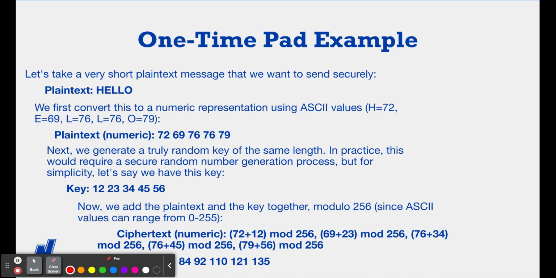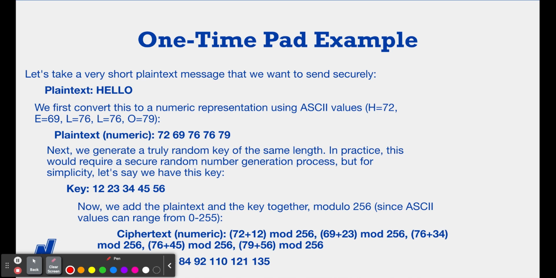This operation ensures that our results stay within the range of the valid ASCII values. During this, for each character given to us, we get a new numeric sequence in our ciphertext. So now it becomes 84, 92, 110, 221, 135. This is what we transmit to the receiver.